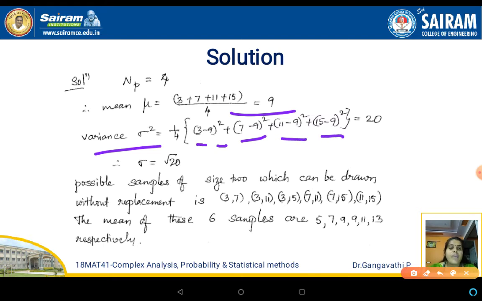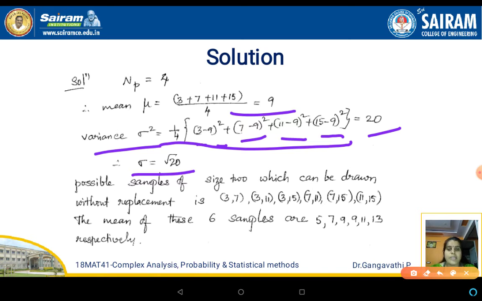Square all these, add them, and divide by 4, which gives you the variance. When we evaluate all this, you get the value 20. So sigma square is equal to 20, and therefore the standard deviation sigma is equal to square root of 20. So you can see here the mean of the population is 9 and the standard deviation of the population is square root of 20.